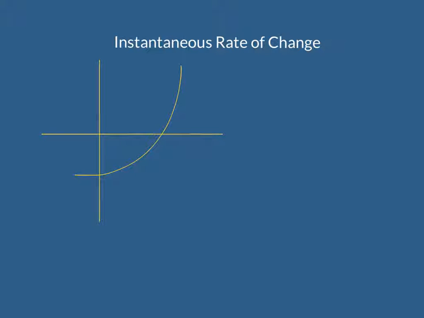All right, so for instantaneous rate of change, instead of having an A and a B value, we will have an A value, and then we will have another value that is our B value, but instead of calling it B, we're going to say it is A plus H. Meaning that it is H units away from the initial A value.